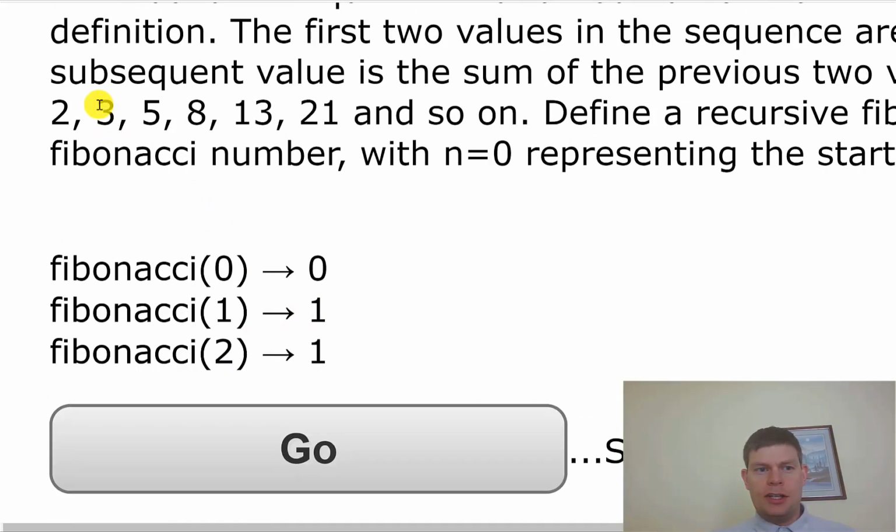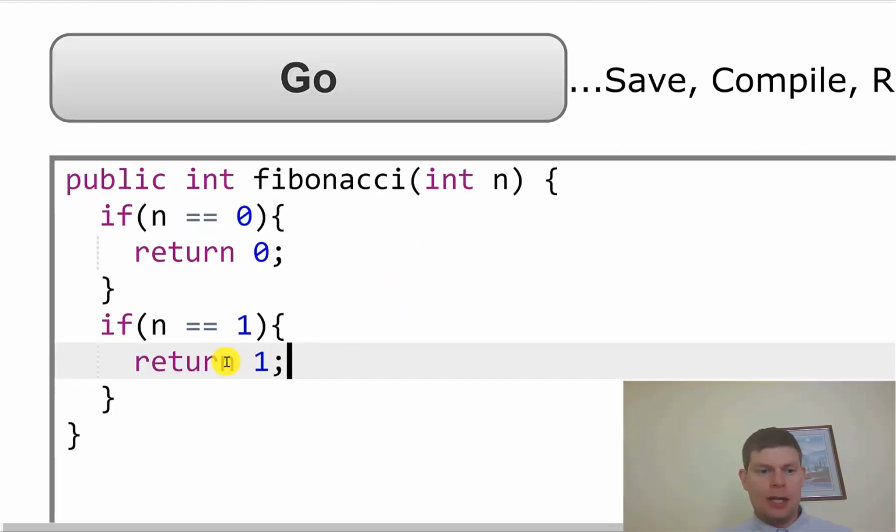Each number is equal to the previous 2 numbers added together. So the third Fibonacci number is equal to the first Fibonacci number plus the second. The fifth is equal to the fourth plus the third. So each number is equal to the sum of the previous 2. So 5 is equal to 2 plus 3, 8 is equal to 3 plus 5, 13 is equal to 5 plus 8, 21 is equal to 8 plus 13, and so on. So that's Fibonacci.